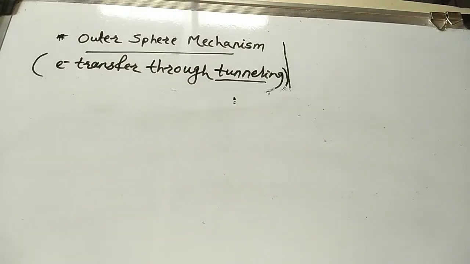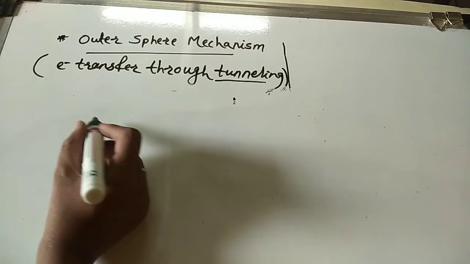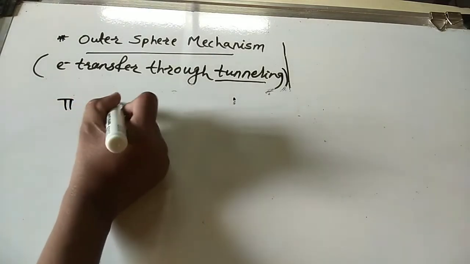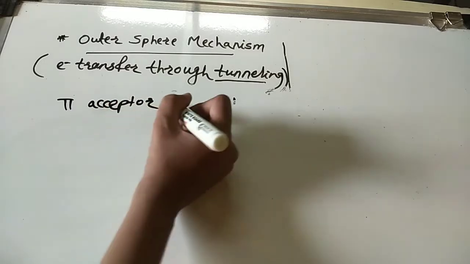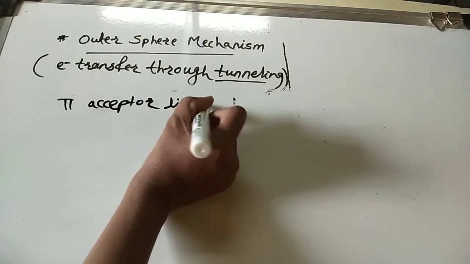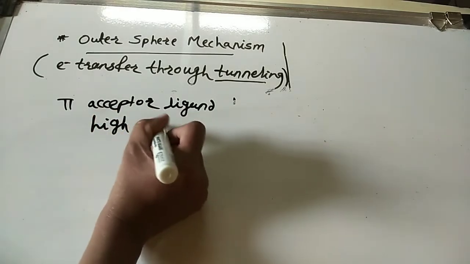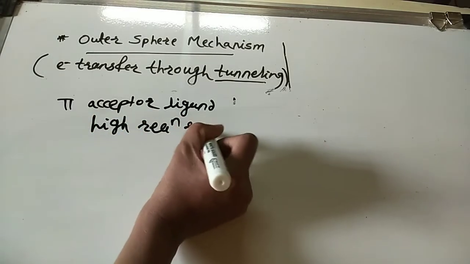The next condition for the outer sphere mechanism to occur fast is what? Complexes with pi acceptor ligand generally show high reaction rate.